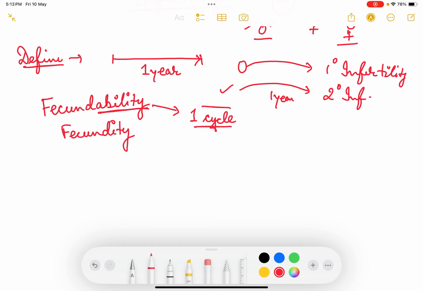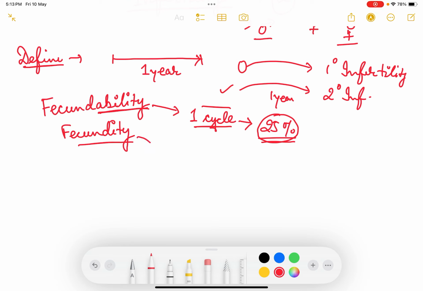In one cycle, probably 25% of the couples are able to conceive. This means that if a newly married couple has just got married, and after 1 month of unprotected intercourse, how many people will be able to conceive? It is 25%. Only 1/4 of the couples are able to conceive in the first cycle.